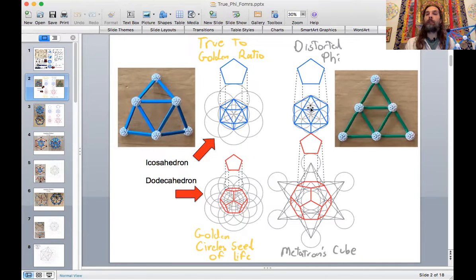So as I flip that up, you'll see that this automatically starts to slant in because this is not in phi proportion to this edge. So it's quite simple that the geometry just shows you this automatically. Whereas if I'm over at the golden circle and I flip up our lid, all of a sudden that proportion along the edge of the pentagon is in proportion to the back edge.